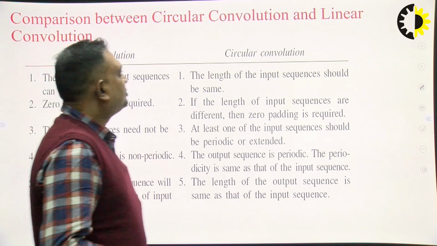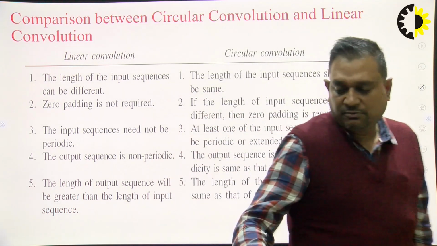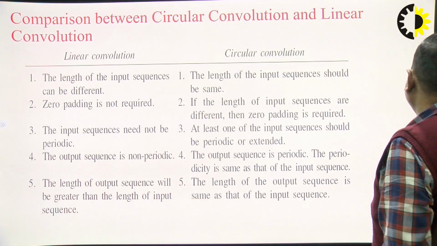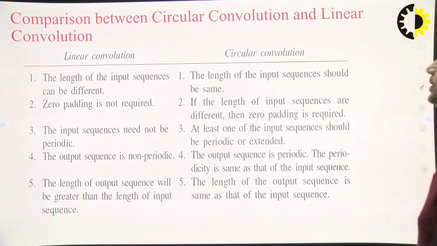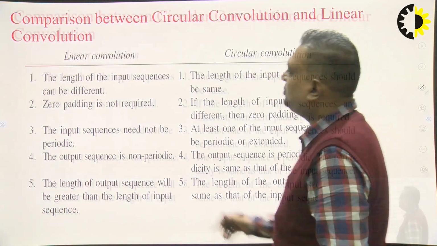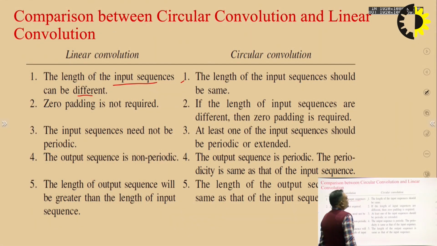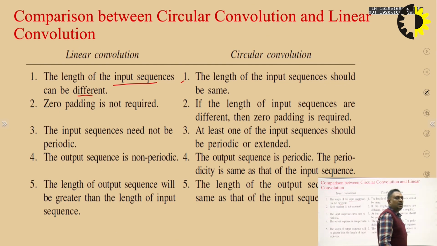While calculating linear convolution, the lengths of the input sequences can be different. Both the sequences must be of equal length before performing circular convolution, and if they are not of equal length, then we have to make them equal by zero padding.